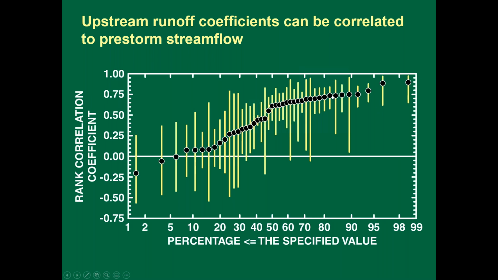So in SELDM, we made the default value 0.7. And what that says is the runoff coefficient is not going to be in lockstep with the magnitude of pre-storm flow. It's just going to be that when pre-storm flows are higher, you tend to get higher upstream runoff coefficients.